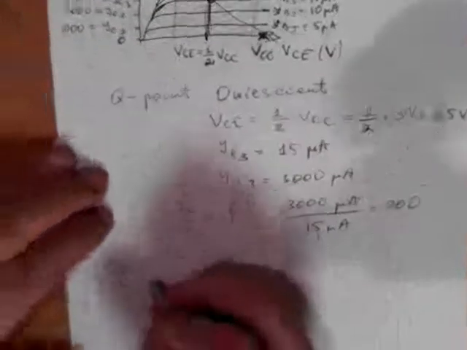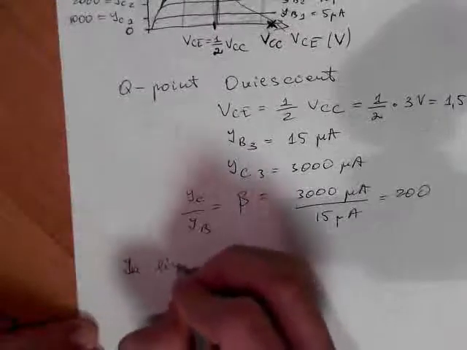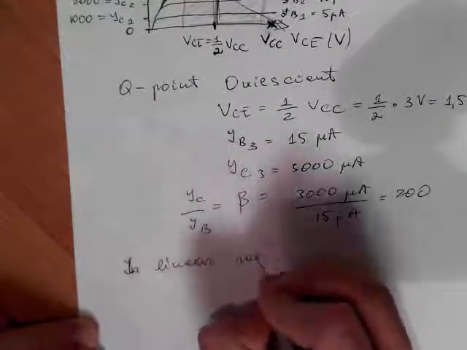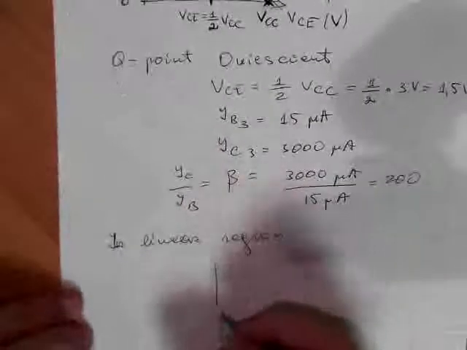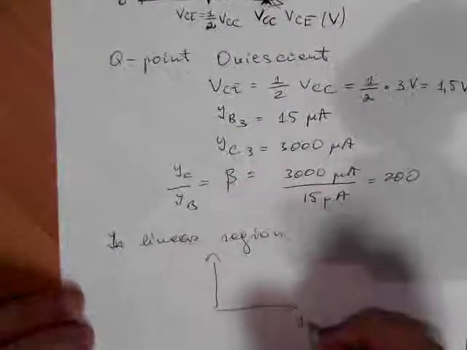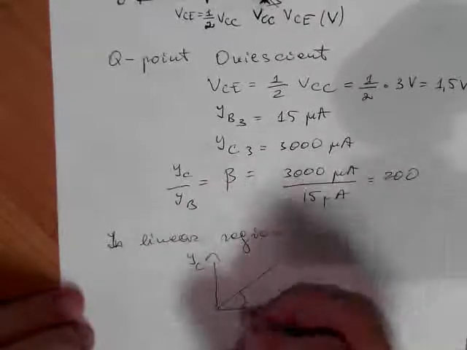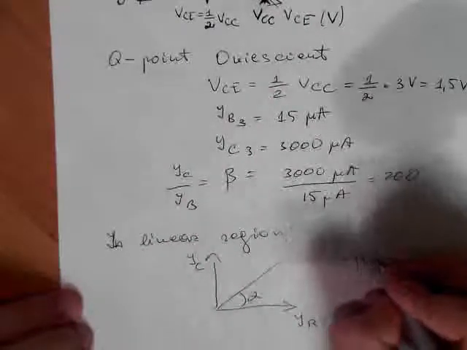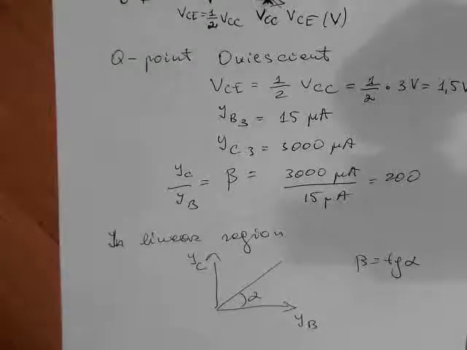In the linear region, we have this relation. So it means that if we draw here IB, here IC, we have this linear relation, and beta is tangent alpha. This is the angle.